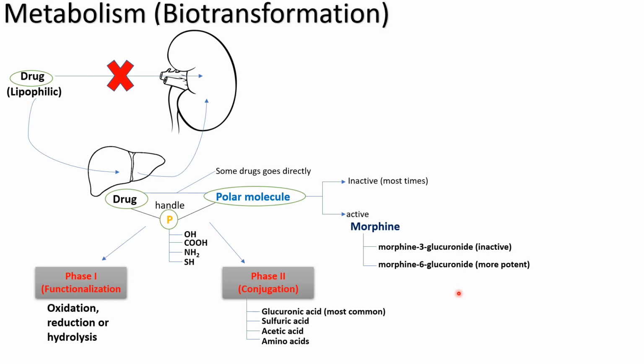Alright? Now we have discussed the phases of metabolism and the end result of it. So now let's see what the reactions of phase 1 and 2 are done by. Well, it's done by enzymes.